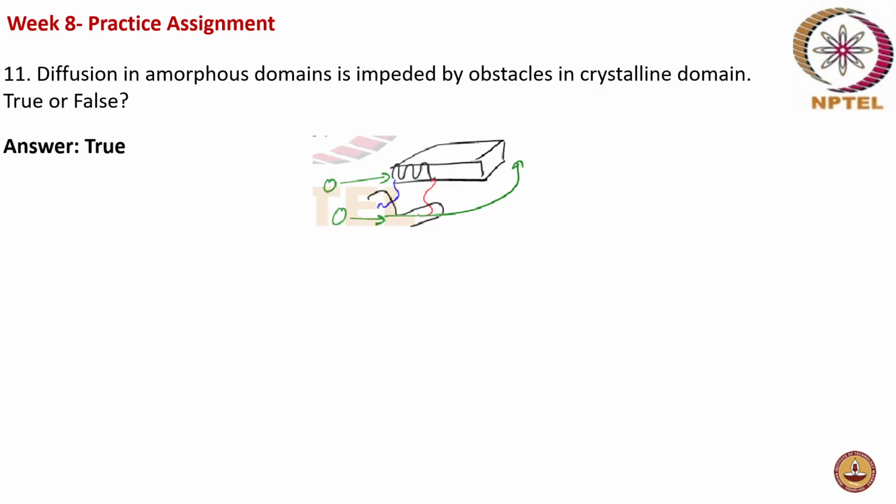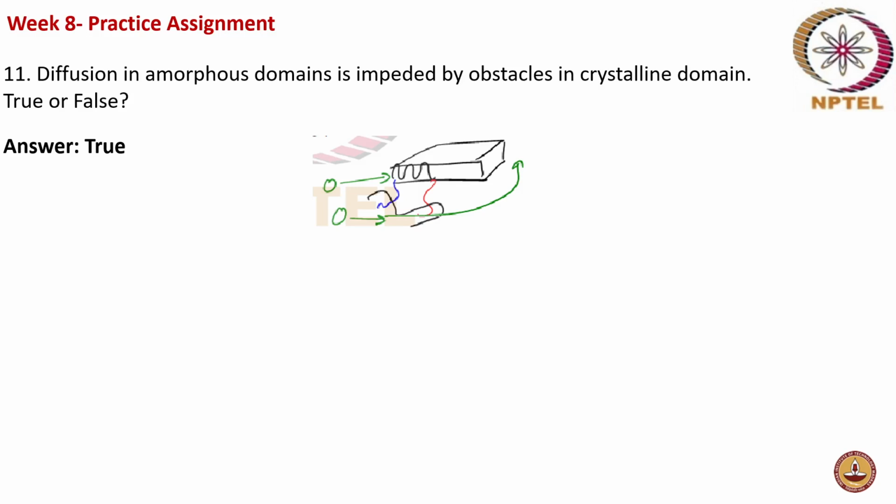When there are crystalline domains, as you know, diffusion is difficult because of the ordered arrangement. The molecules find it difficult to diffuse. We know that the diffusion coefficient, for example, for a liquid is higher than that of solids, and that of a gas is higher than that of a liquid.